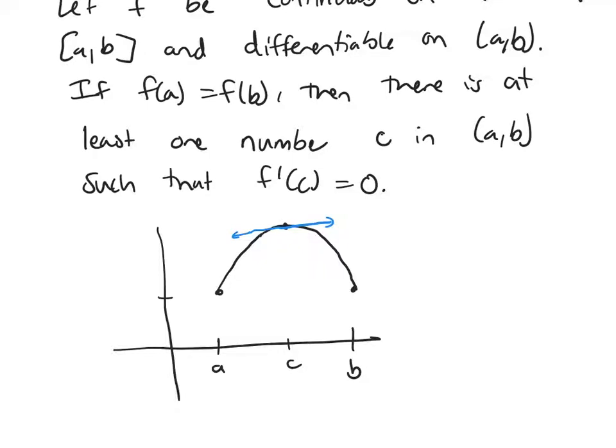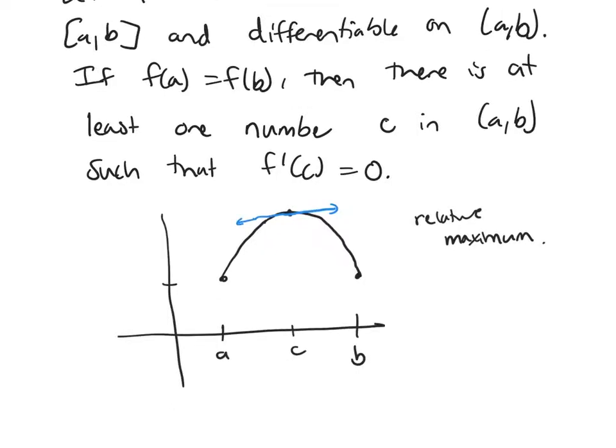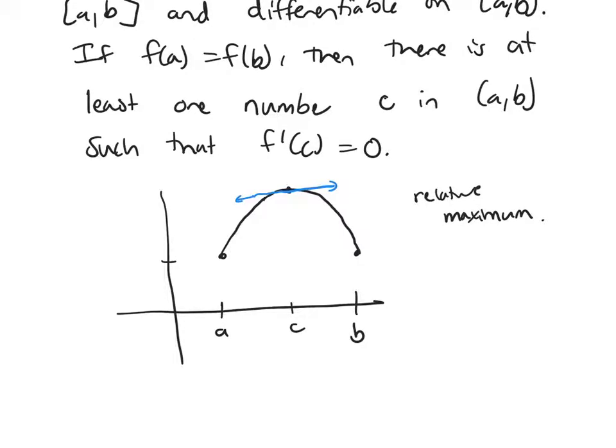In this particular picture, this corresponds to a relative maximum here. So at some point between a and b, my derivative has to be 0. Basically, because f of a equals f of b, my function goes up, it has to come back down. And so there's some point where the derivative stops being positive and starts being negative.